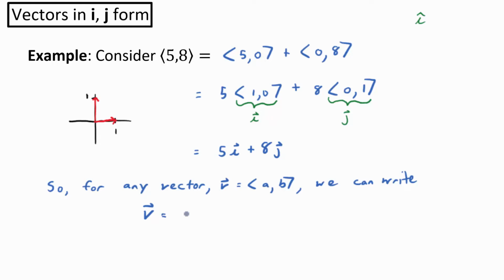Ultimately, we just took 5 times i and 8 times j and added them together. So in this case, it would be a times i. In the more general case, a times i plus b times j. So any vector in the plane can be written as a linear combination of vectors i and j. This guy in red down here, this guy pointing to the right is i. This guy pointing up is j.